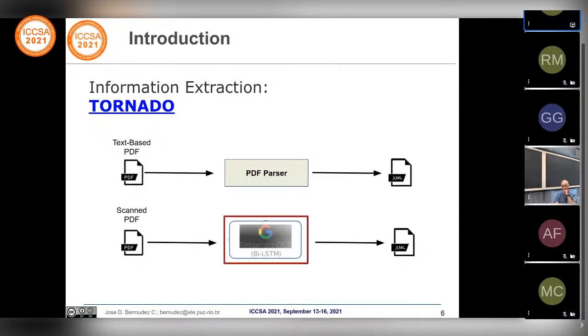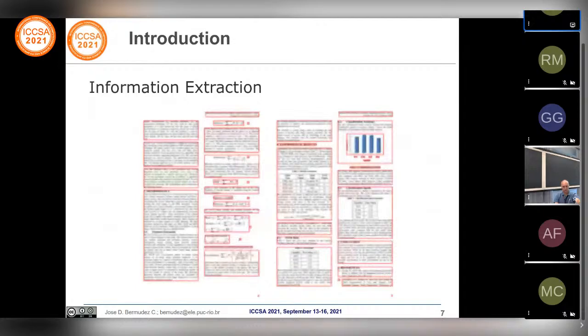So our work is focused on improving the performance of the Tesseract algorithm, the OCR algorithm available. In the structure of Tornado, it first detects all information present in documents. For instance, it detects the boxes corresponding to blocks of text, images, equations, and so on.